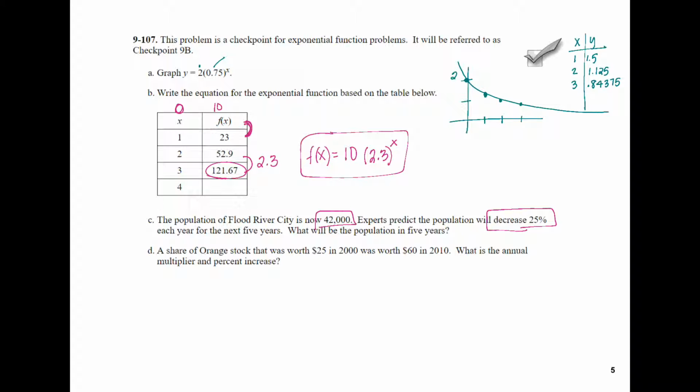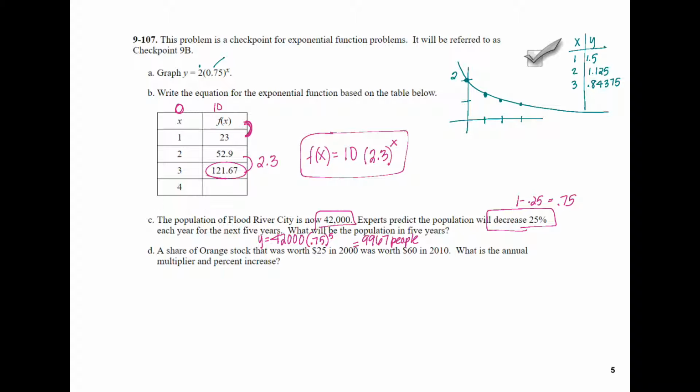If we are starting out with 42,000 people, we're decreasing at 0.25. So we need to do 1 minus 0.25, which gives us a multiplier of 0.75. We raise that to the 5th power. We have approximately 9,967 people in our population.